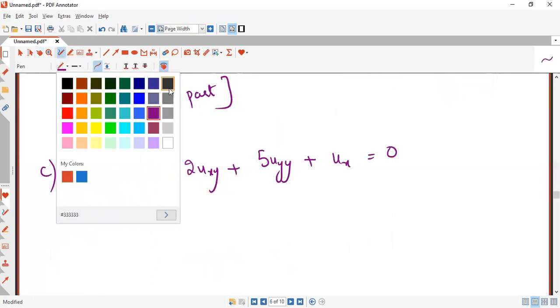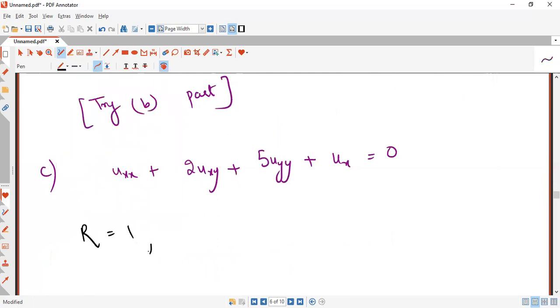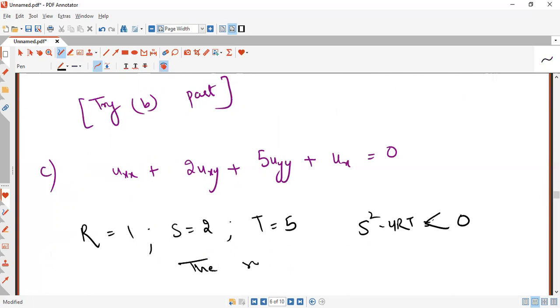Find out whether the region is parabolic, elliptic, or hyperbolic. Less than 0 is coming. So the region is elliptic.